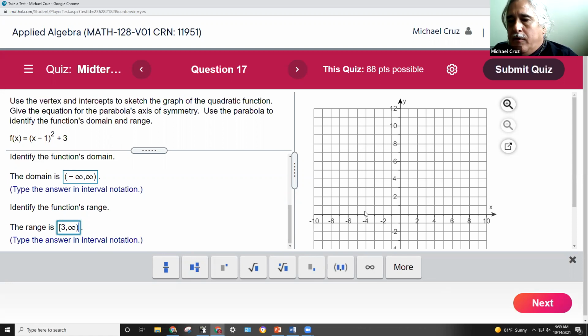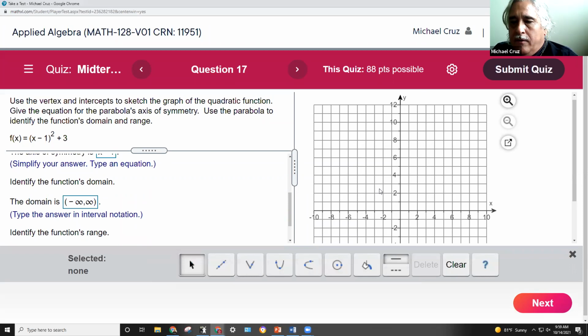All right, I guess they want us to graph it, and so I see it's 1, 3.